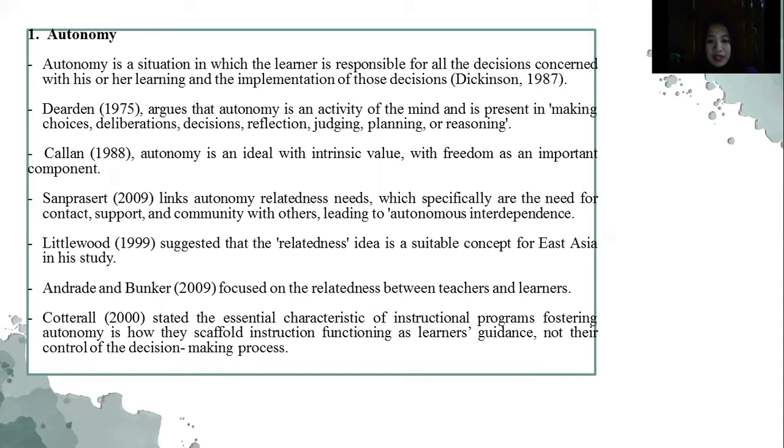Based on Cotterell 2000, the essential characteristic of instructional programs fostering autonomy is how they scaffold instruction, functioning as learners' guidance, not their control of the decision-making process.